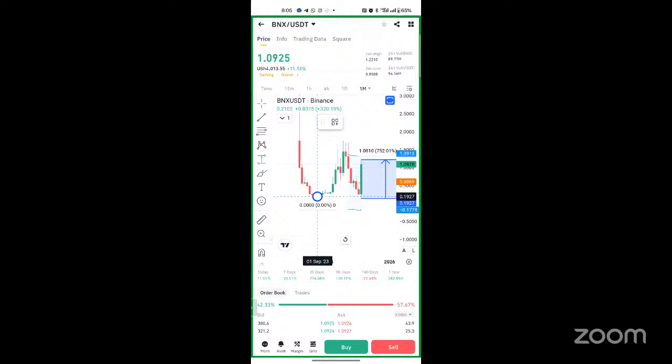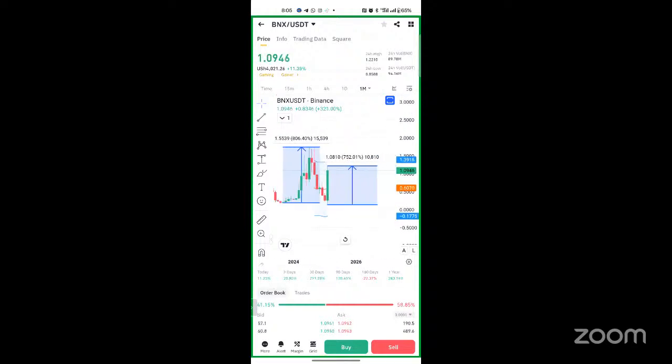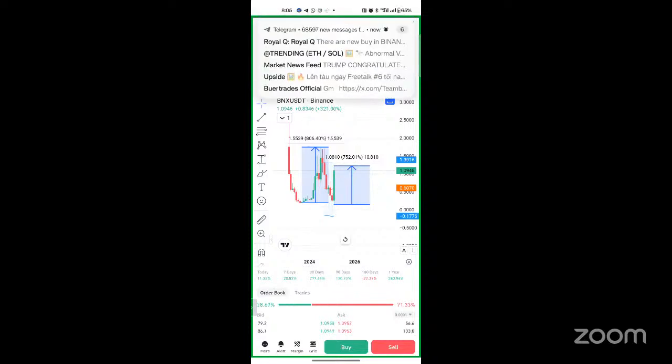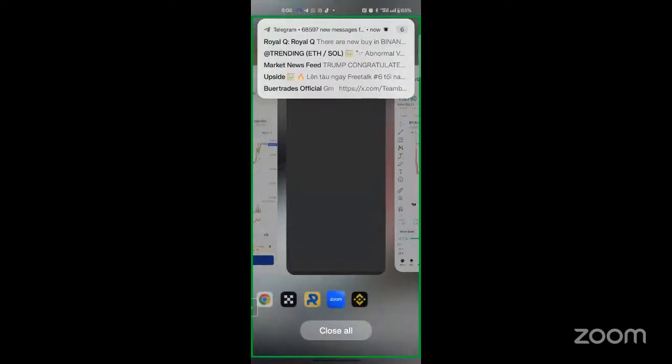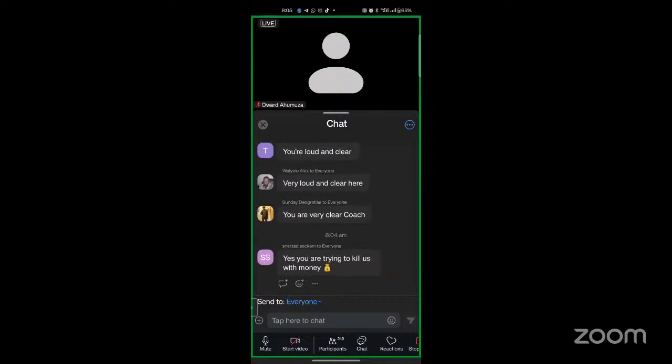From here, the pre-bull run cycle, or what we call the pre-Bitcoin halving, this coin rose, just giving you an example, 806%. Then after the Bitcoin halving, we had a retracement that is happening in all cryptocurrency. And so far, this coin has risen 752%. Although you might be looking for a certain jump, waiting for a specific day.